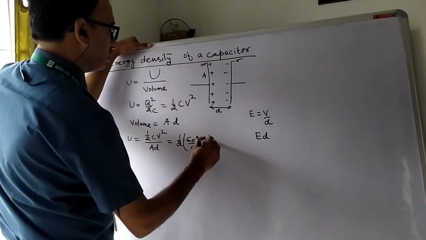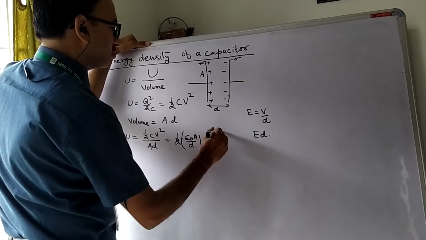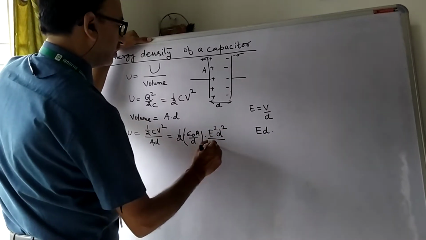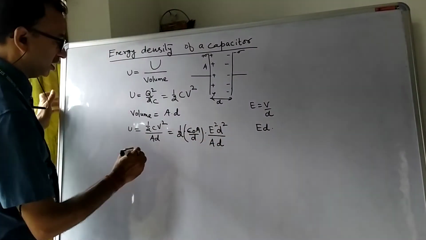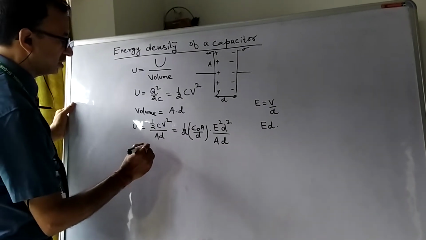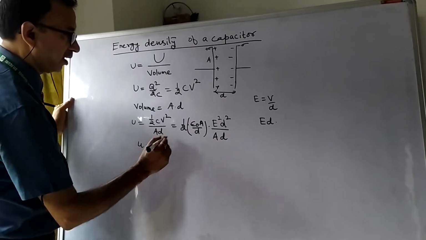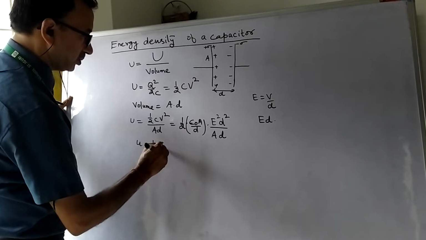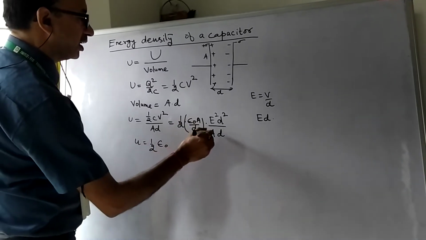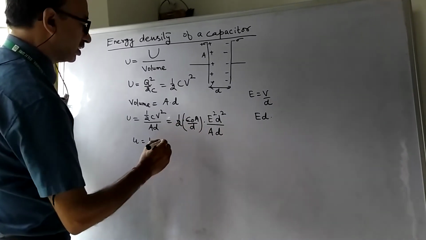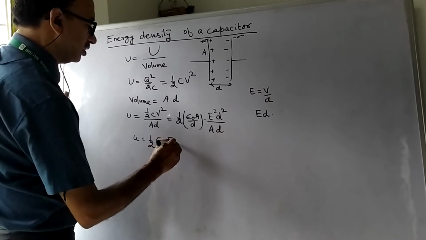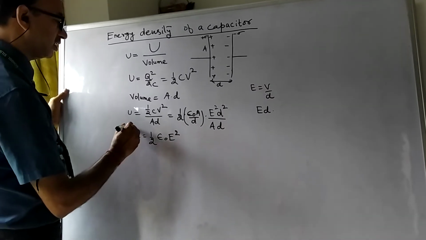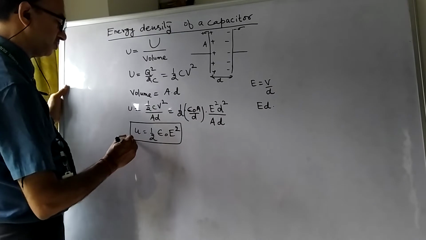So it will be E square D square divided by AD. So the answer, small u, is equal to half epsilon naught, this A gets cancelled, D square gets cancelled. So u equals half epsilon naught E square. This is the energy density in a capacitor.